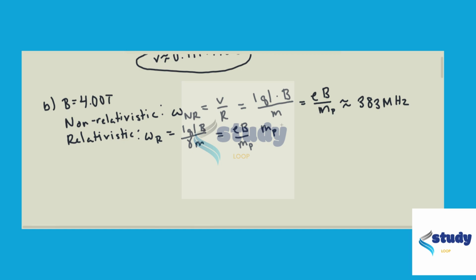So times mass of the proton, c squared, over the energy, or eBc squared over energy. And if we again plug in our numbers, we get that this is about 0.360 megahertz.